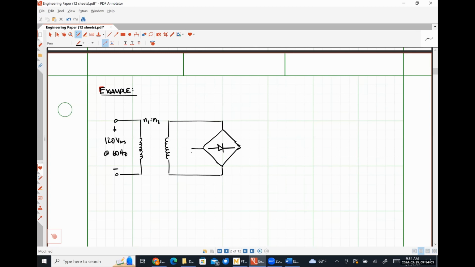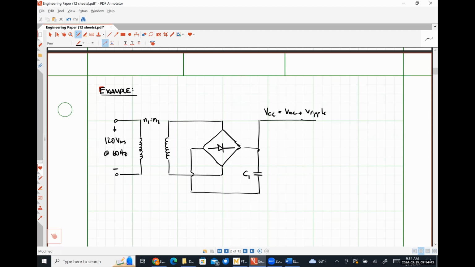And then here we have our smoothing capacitor. Let's call it C1. And then I'm going to give myself enough room here. So up top, this is our supply voltage for an electronic circuit, which we know should be VDC plus some amount of ripple voltage.